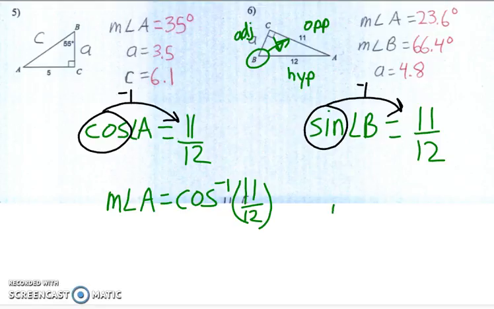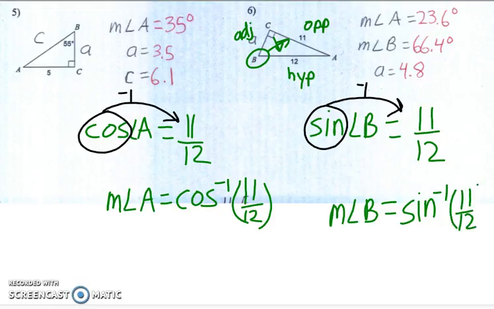So the measure of angle B is equal to the inverse sine, looks like sine to the -1, of 11 over 12. Go ahead and put that into your calculator, and you'll end up with 66.4 degrees for the measure of angle B. The measure of angle A, it was 23.6.